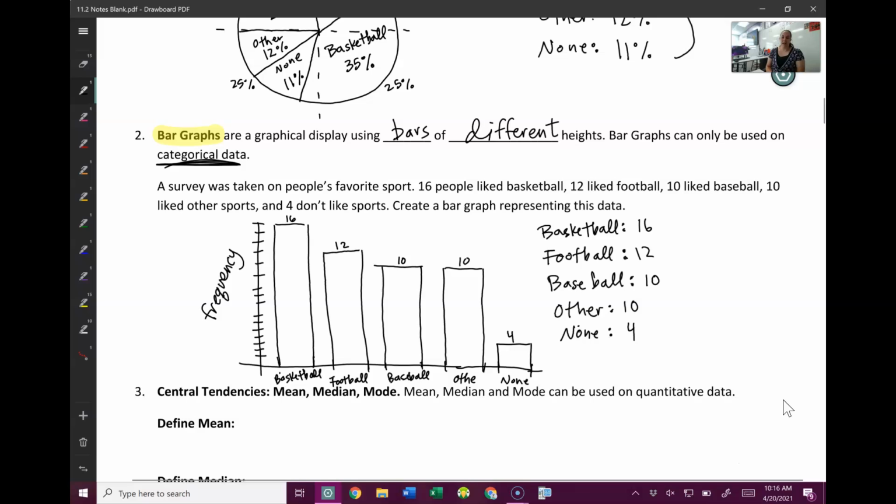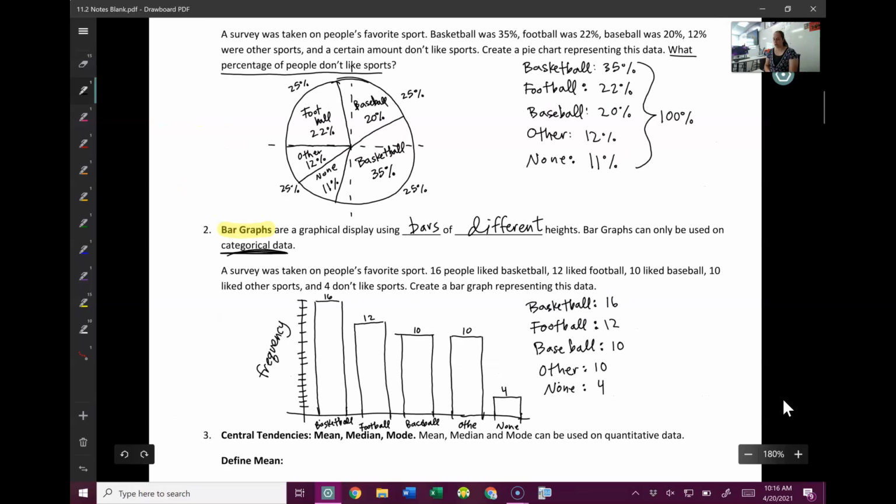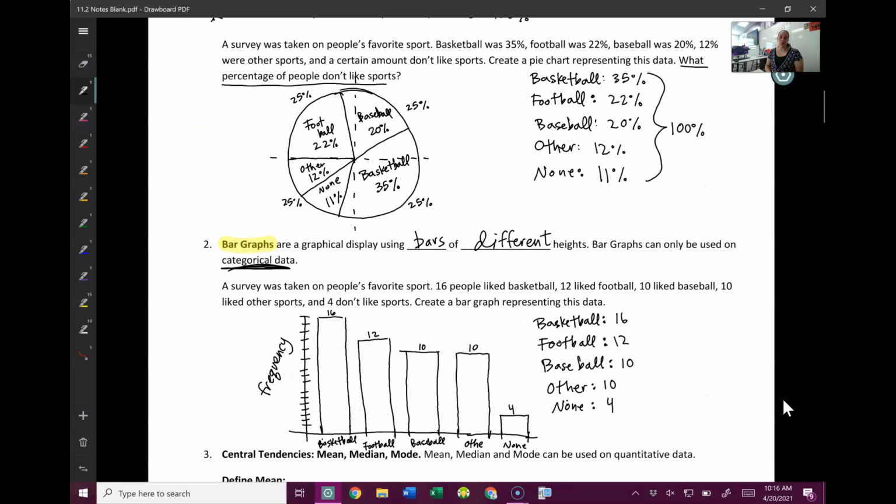So that's an example of a bar graph. You have your frequency over here, how often it happens, how many votes for that category, and then your categories on the bottom with your bars not touching. Okay, those are the 2 most common graphs used for categorical. In the next video, we're going to talk about the most common ways to analyze quantitative data.